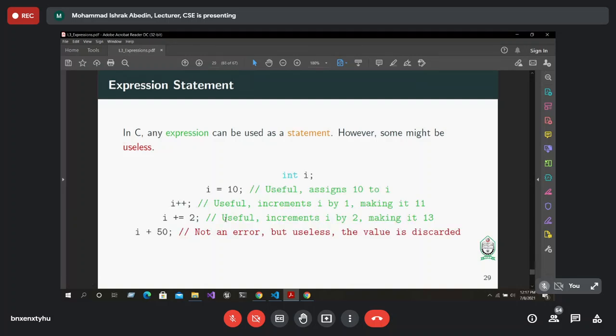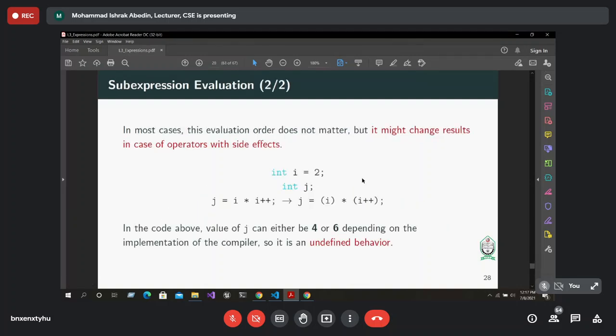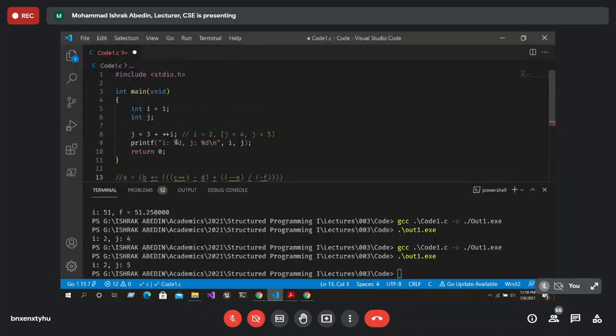Sir, in the previous slide, I just couldn't relate j = i * i++, which turns to 4. Actually, how has the result 4 come? I thought it was 5. Okay, let's see.